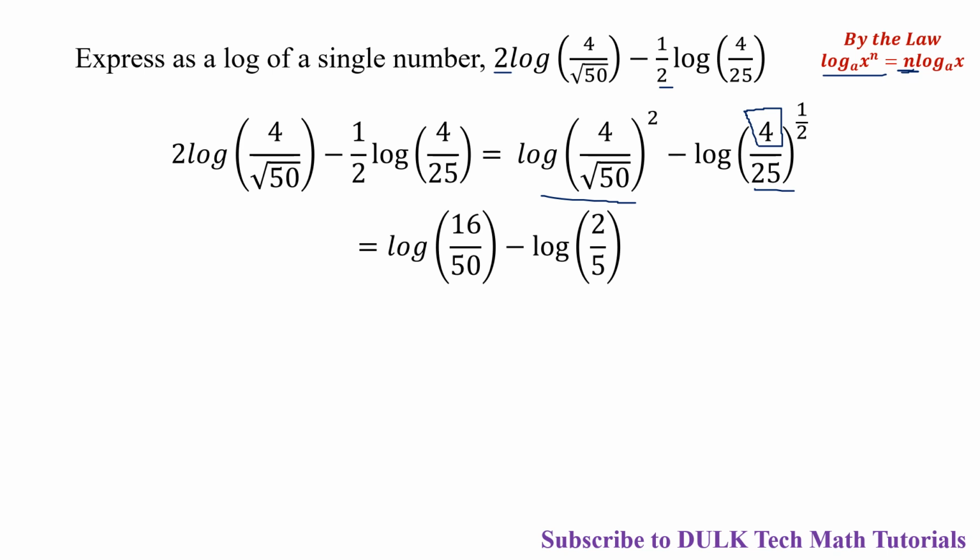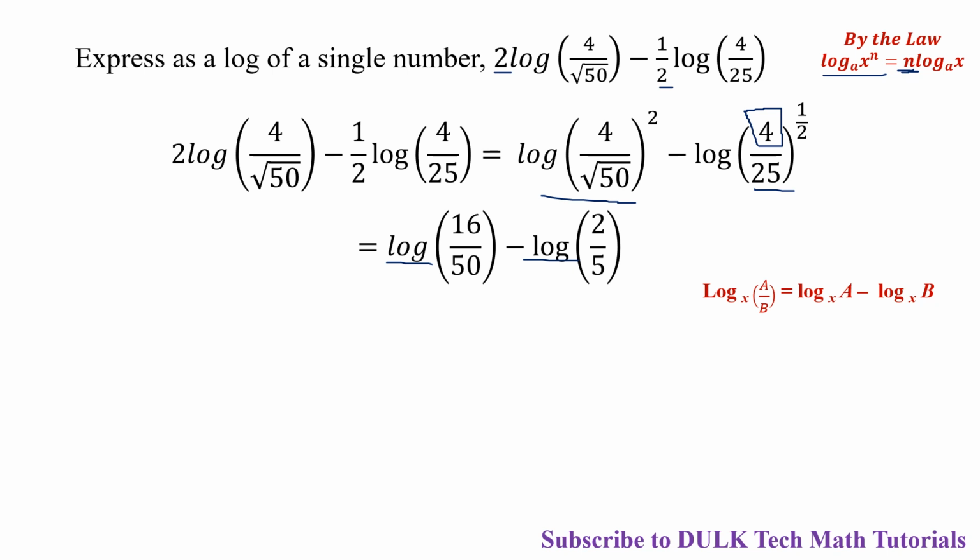Right. Now that I have two logarithms with 1 as the coefficient of the logarithm in each case, and I am now subtracting, I am going to apply this law of logarithms.